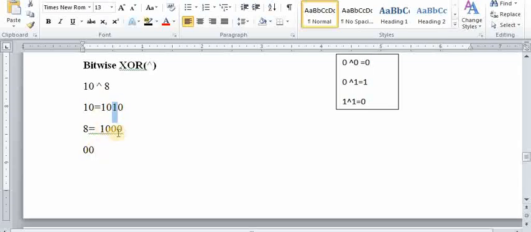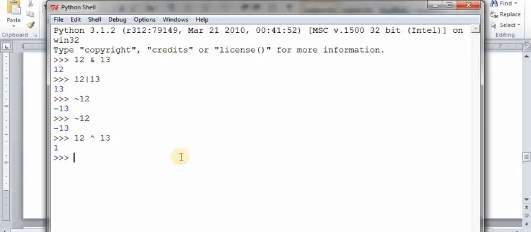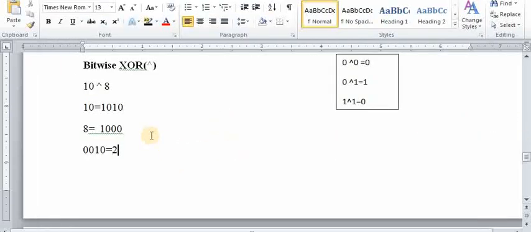Now the digits are different, so in this case it will return 1, and here it will return 0. So what will be the answer? The result will be 2. Let's check it: 10 XOR 8, the result is 2. This is the use of the XOR operator.